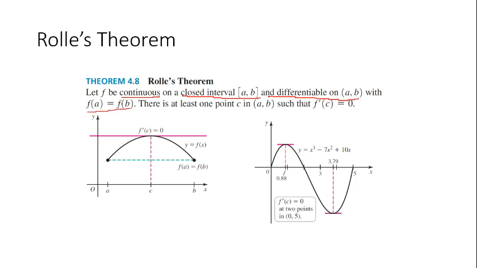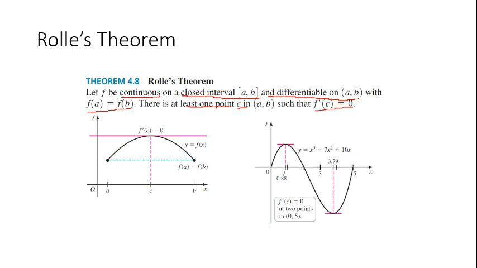So there's a lot here. If something like that happens, that means there is at least one interior point where the first derivative is equal to 0. Key is at least one.